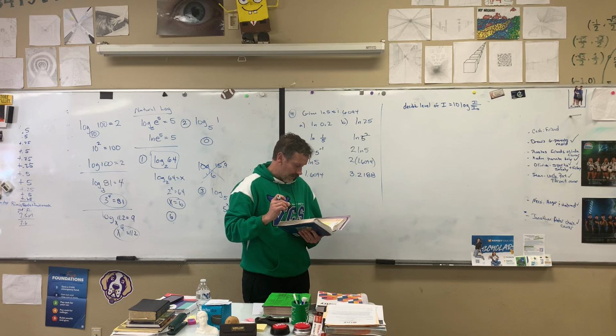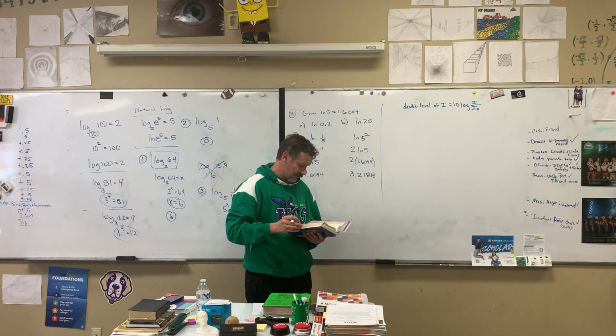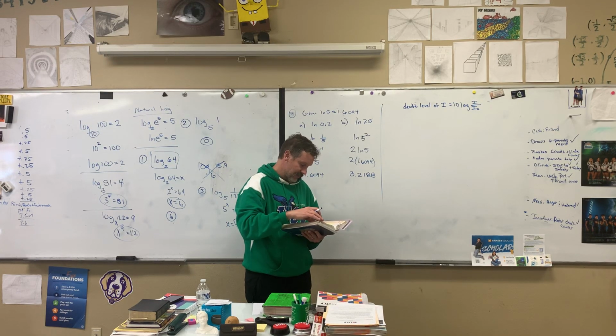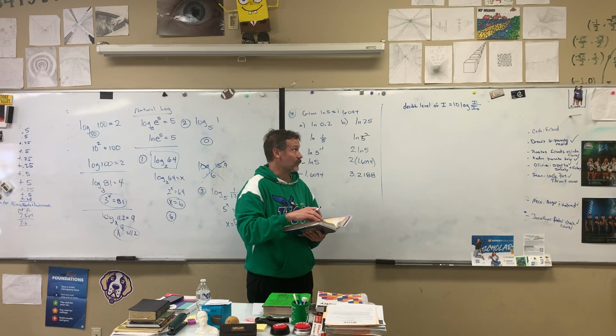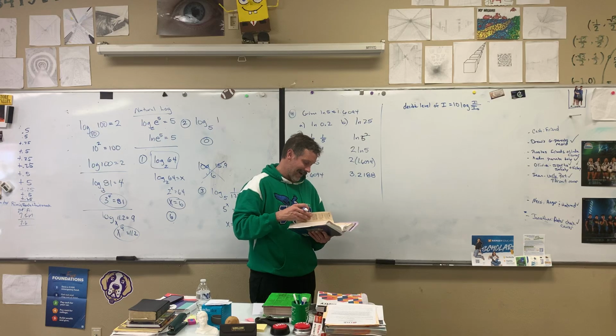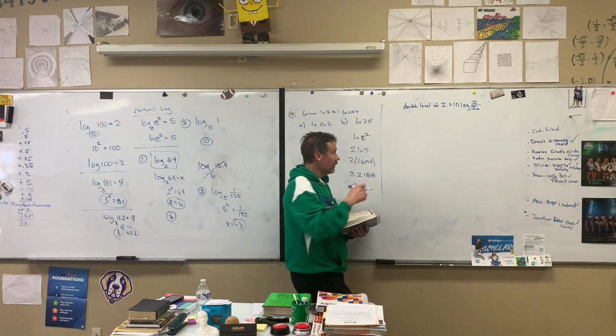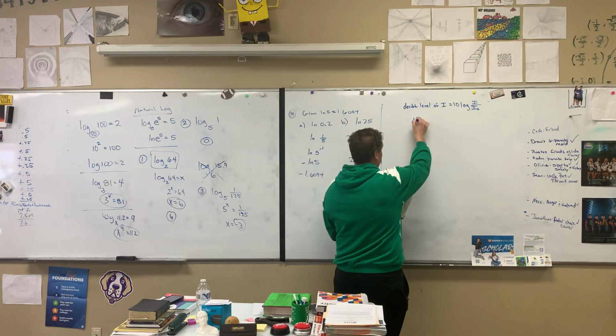I is the intensity of any other sound, measured in terms of I sub 0. The decibel level comes by multiplying 10 times the logarithm of I over I sub 0. Decibel level is usually written dB.